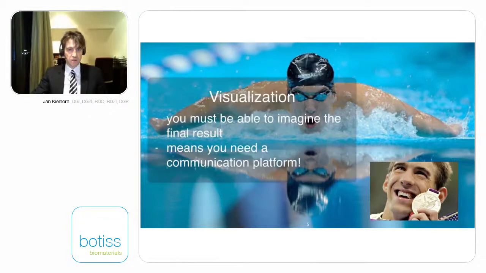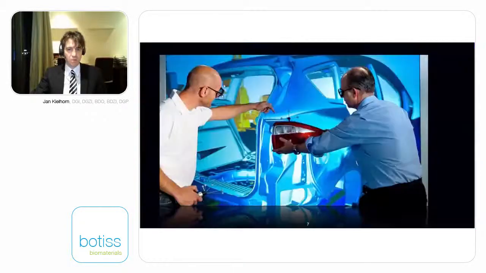For that, you must be able to imagine, of course, the final result, and you have to have something like a communication platform to be able to communicate within a team. Well, in car manufacturing, what we see is that you will have a virtual design and a control before fabrication.